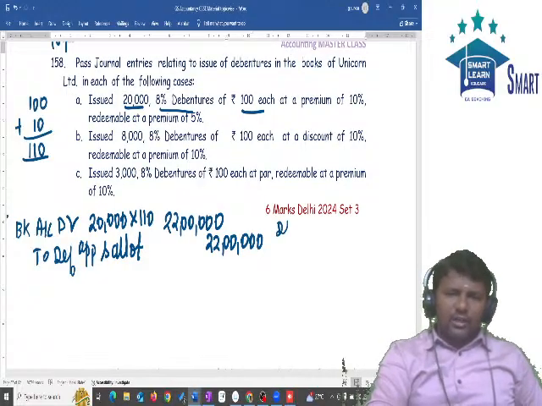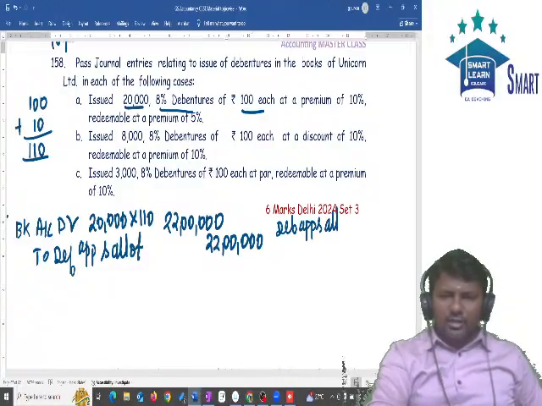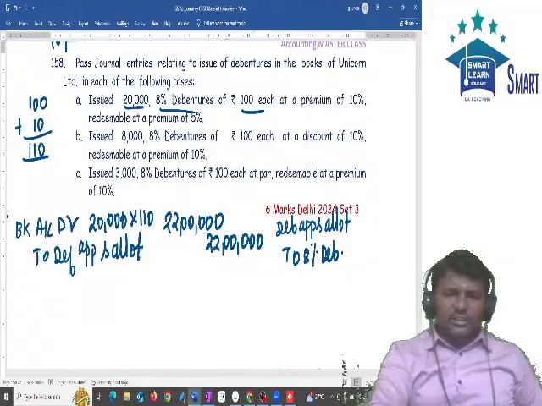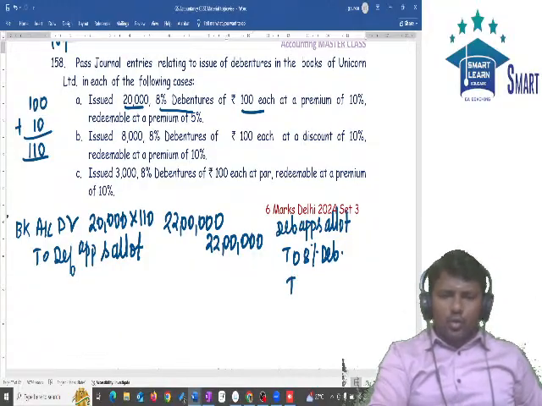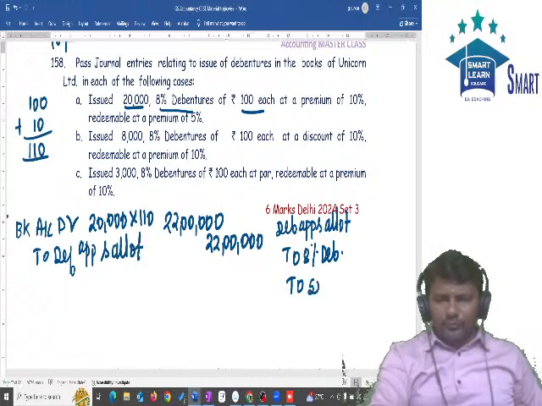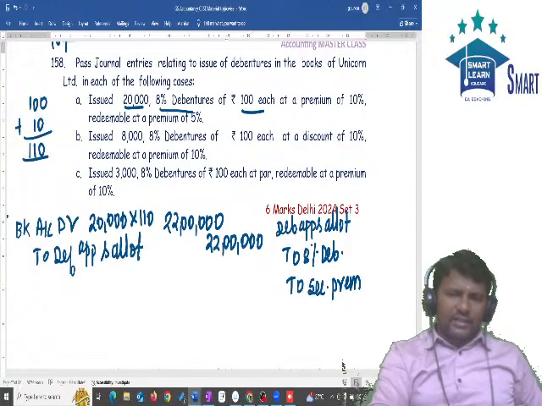What is the entry? Debenture application and allotment account debit to 8% debenture. At the time of issue we have premium, so also credit to securities premium. This is the amount extra collected. So first write the 8% debenture.